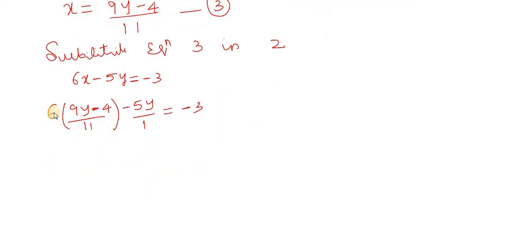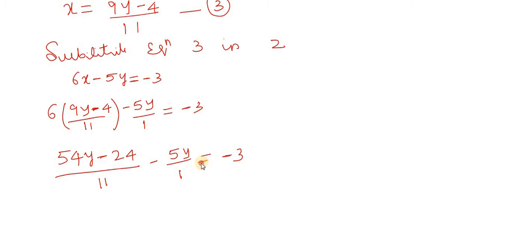Okay, now multiply this. 6 nines are 54. 6 into 9y is 54y, minus 6 into 4, 6 fours are 24, divided by 11, minus 5y by 1, which equals minus 3. Okay, now simplify it further.